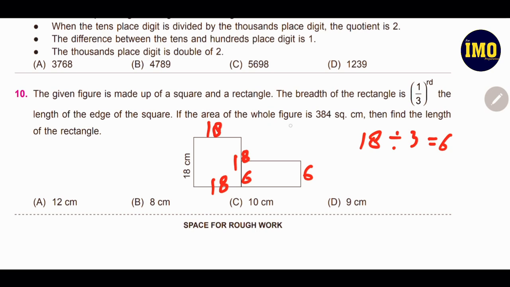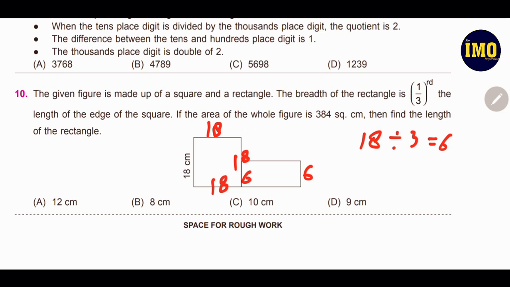If the area of the whole figure is 384, find the length of the rectangle. Very important. I think we need to learn these things the proper way. First of all, we need to find the length. But before finding the length, we have the area.